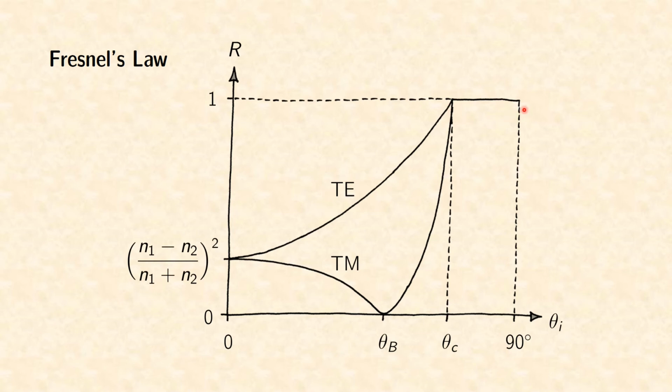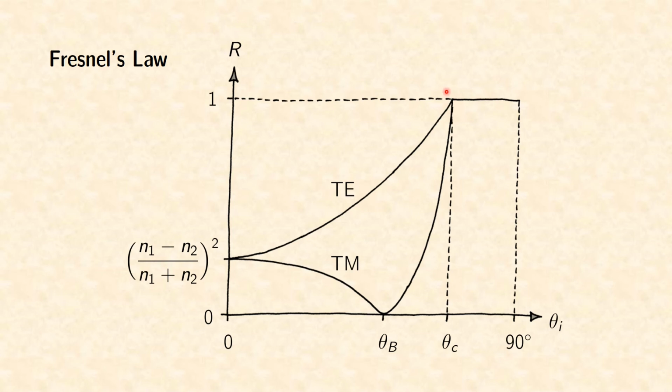So then you would just have no total internal reflection. And in case of the TM wave, the reflection is reduced at first and goes down to 0 at the Brewster angle, and then is increasing up to 100%, either at the critical angle of total internal reflection or at 90 degree if there is no total internal reflection.